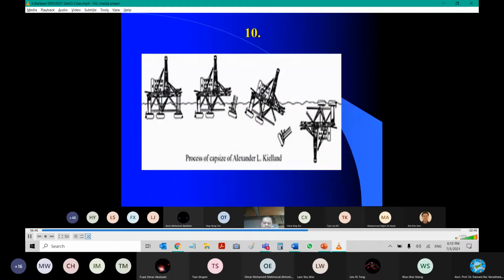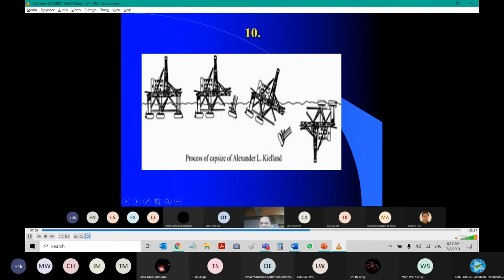So what happened in 1980? This is what happened. One of the legs, actually not the leg but the joint holding the leg, broke, and this part became off balance because now the buoyancy is on one side and there is no opposite buoyancy.